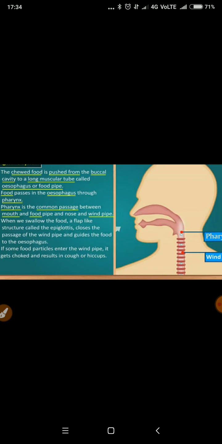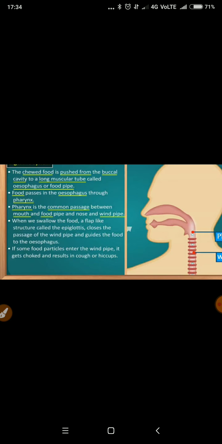Lungs के अंदर कहाँ जाते हैं? Bronchi, फिर bronchioles, then alveoli, right? We have studied these things. Okay, so food pipe और जो wind pipe होता है, दोनों का एक common passage होता है, that is the pharynx.